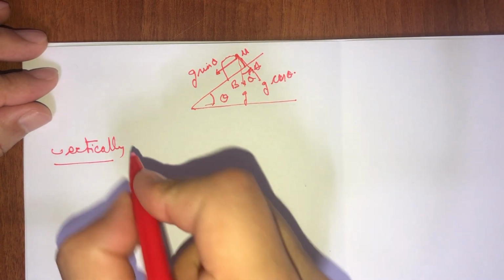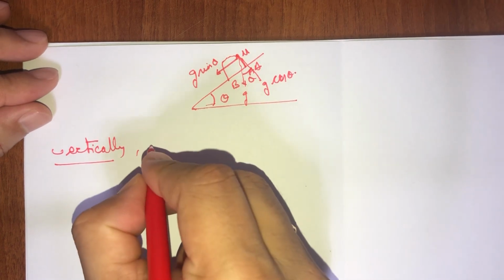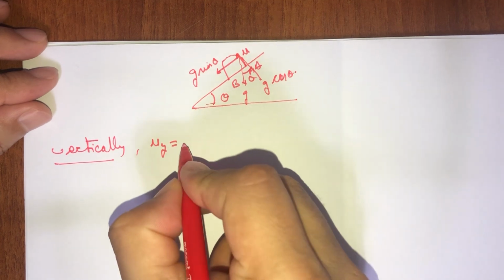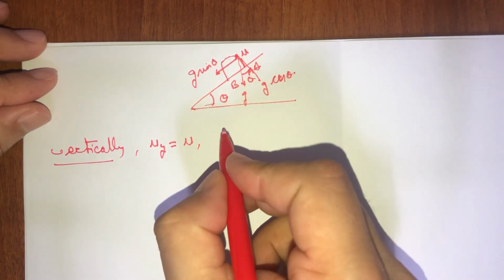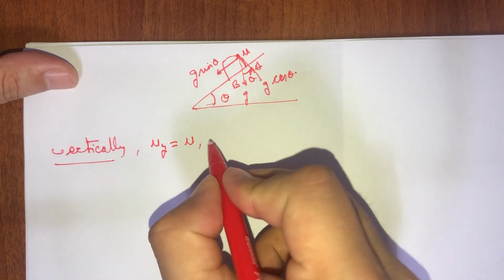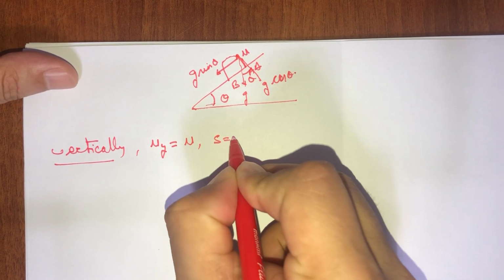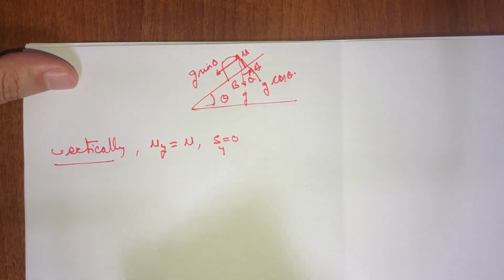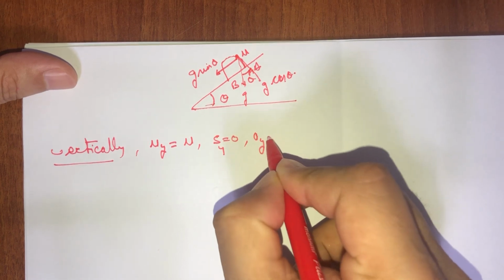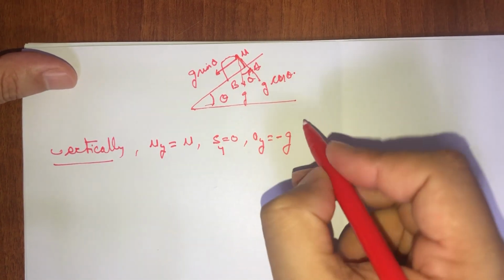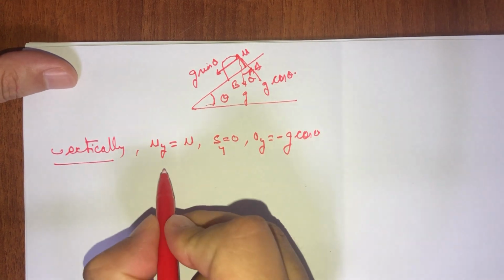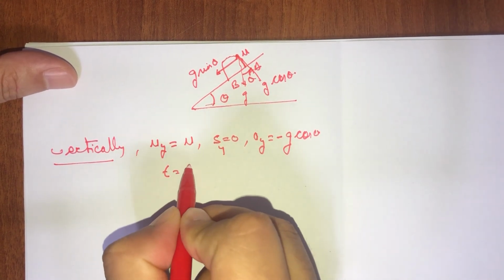So vertically, we can say that initial velocity u of y is equal to u, distance is 0 in y direction, acceleration is given by minus g cos theta, and let us suppose that time of flight is t1.